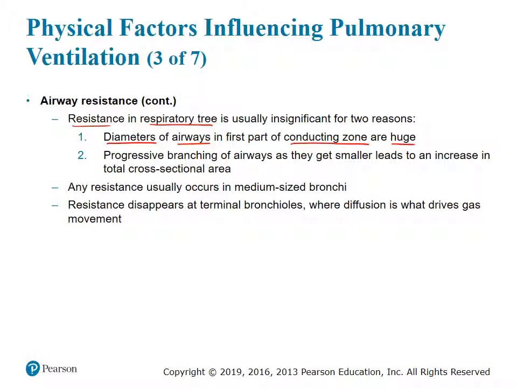And as we already have figured out, those airways, those branches get smaller and smaller, and that actually leads to an increase in the cross-sectional area. And resistance is usually going to be in those medium-sized bronchi, right? The medium-sized bronchi, usually your secondary, tertiary, right?